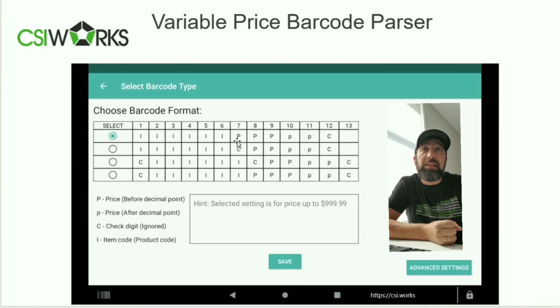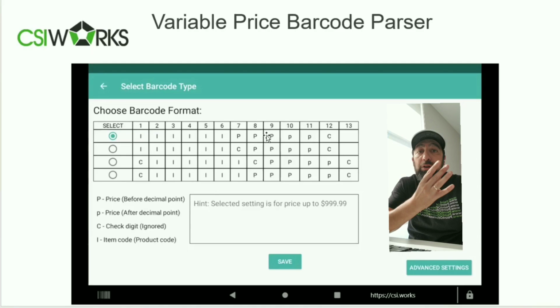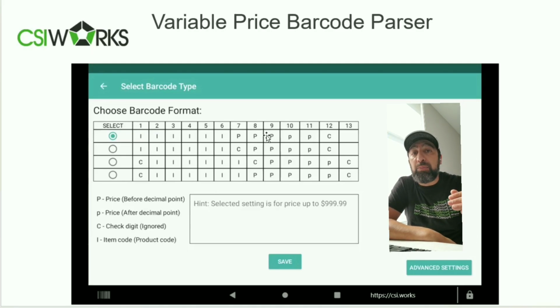This particular setup accommodates 3 position points, meaning price can go over 100. And then it has 2 lowercase p's representing the cents, so the price after the decimal point. And C represents the character that simply is ignored. It's a trick digit if you'd like, it's ignored.